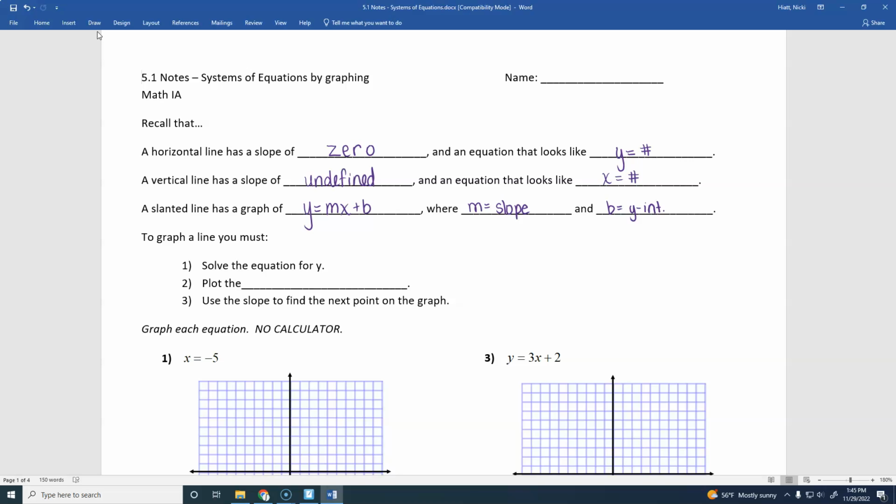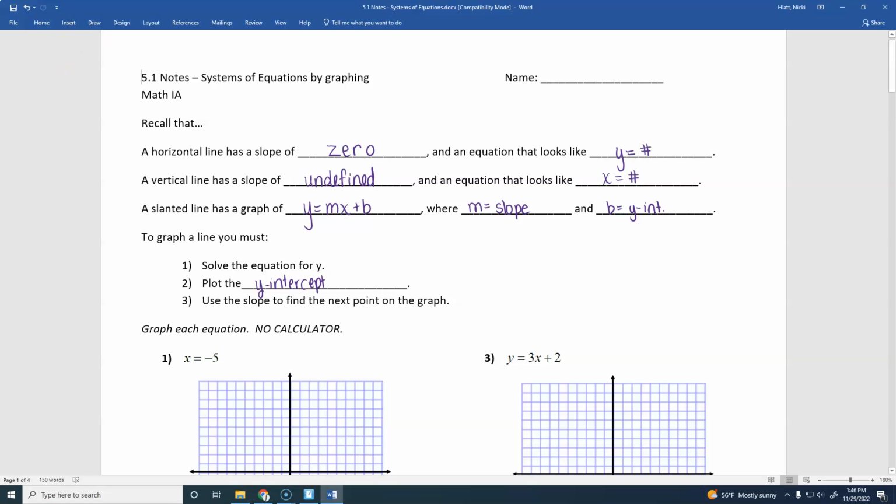And to graph a line, you must solve the equation for y, plot the y-intercept, then use the slope to find the next point on the graph.